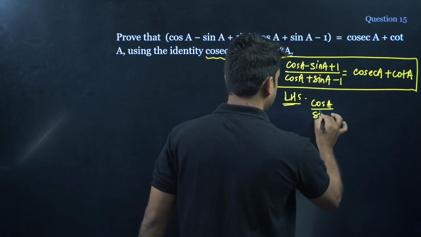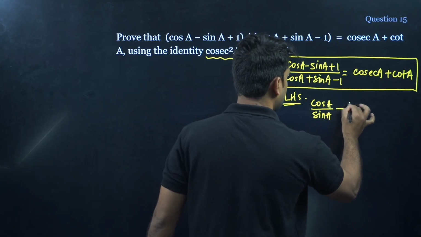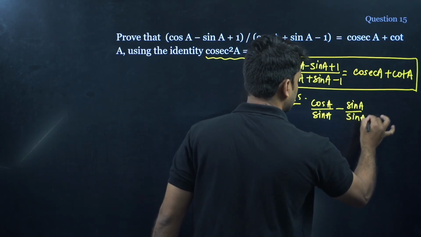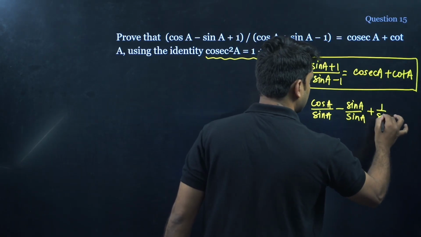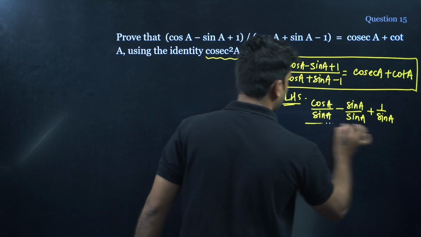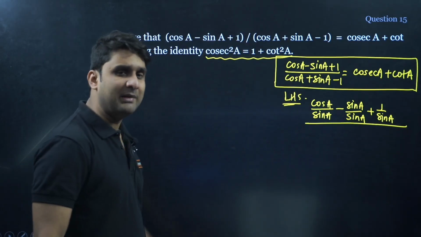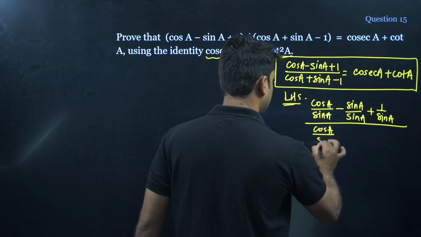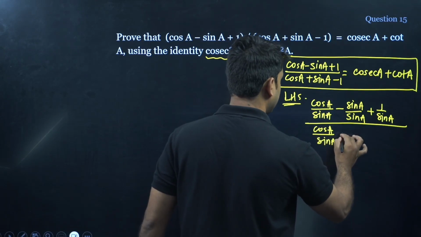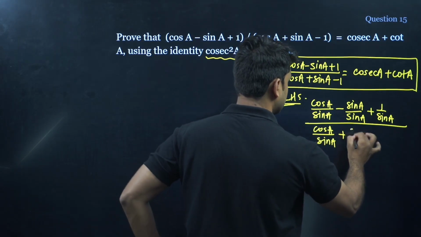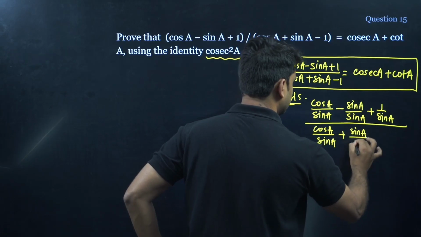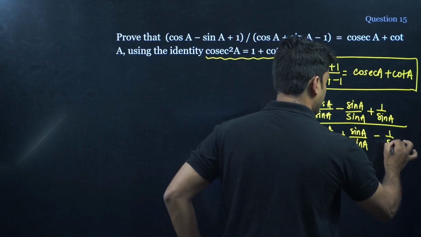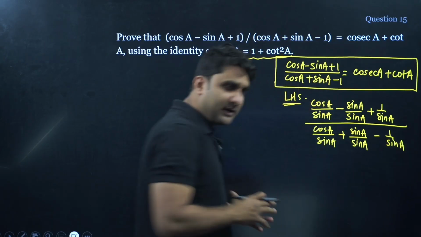Cos A by sin A minus sin A by sin A plus 1 by sin A divided by, same operation will be applied in the denominator as well. So we have cos A by sin A plus sin A by sin A, and here we have 1 by sin A. Clear, everyone?